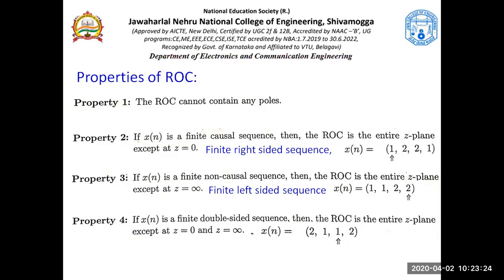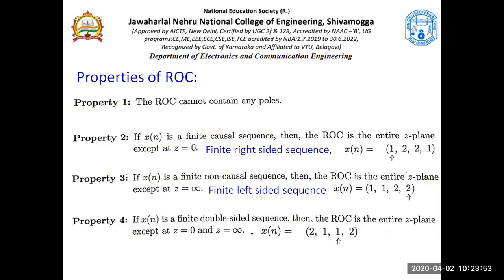So what do we have in the properties second, third, and fourth? Whatever we had learned, keeping in consideration the finite sequences: finite right-sided, finite left-sided, finite double-sided. All that is listed here. What would be the ROC for finite sequences? The ROC for a finite right-sided sequence is the entire Z plane except Z equal to 0.